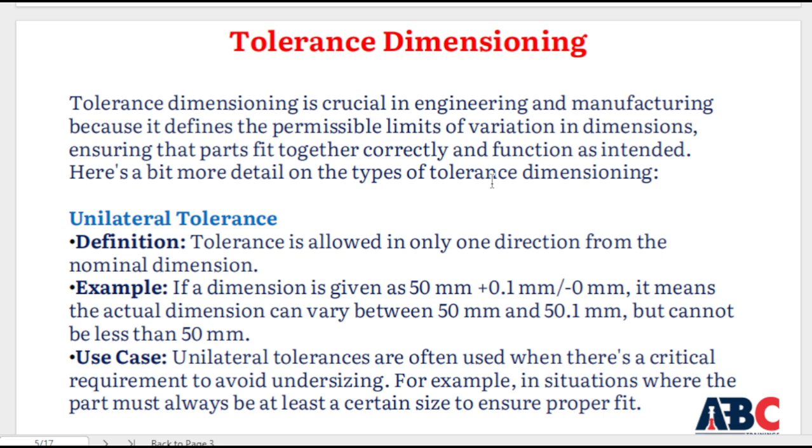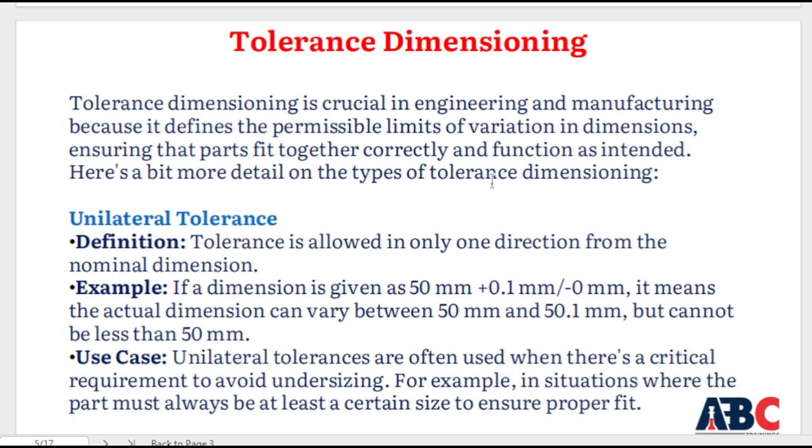Tolerance is the total amount that a specific dimension is permitted to vary. It is the difference between the maximum and the minimum limit for the dimension. Tolerance may be specified in 3 places. First is directly with the specified dimension. Second, in a general note.